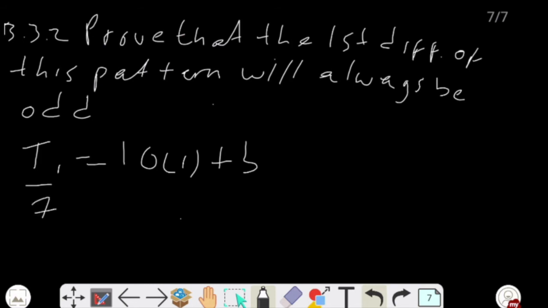Meaning it will be 7 equals 10 times 1, which is 10, plus B, and then your B will equal, if you take it to the other side, minus 7.